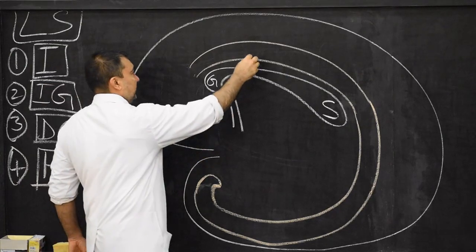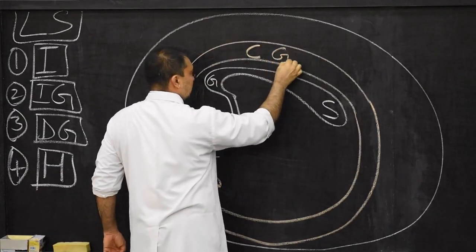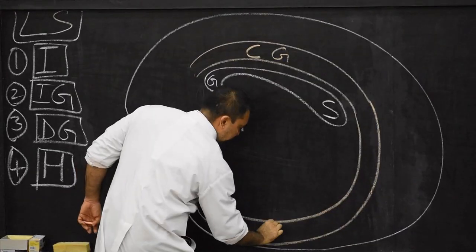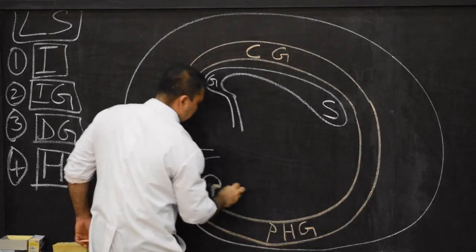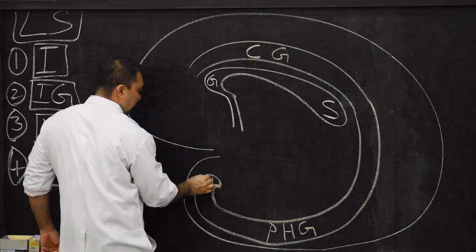Therefore, we will write down here cingulate gyrus. Here this one will be parahippocampal gyrus, and this structure here will be the uncus.